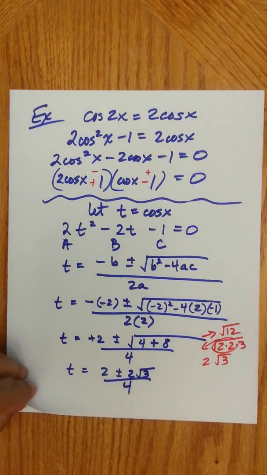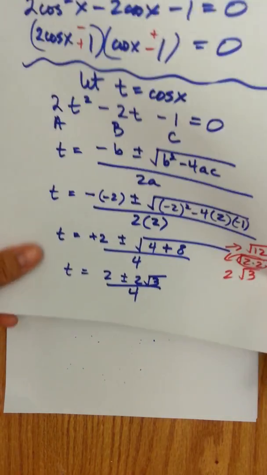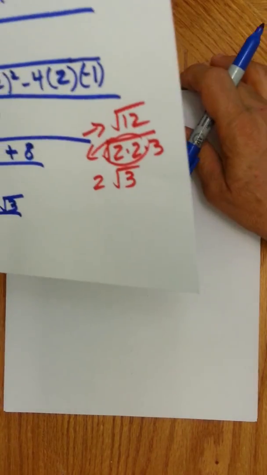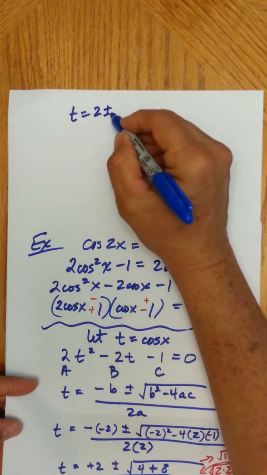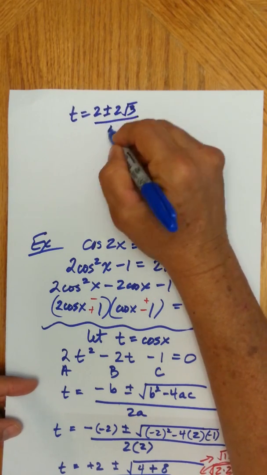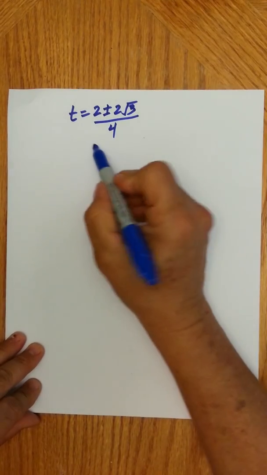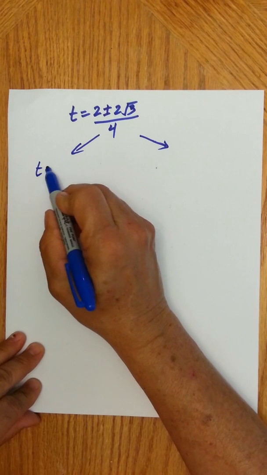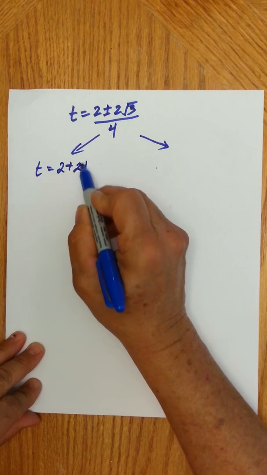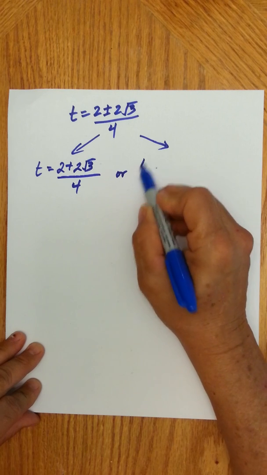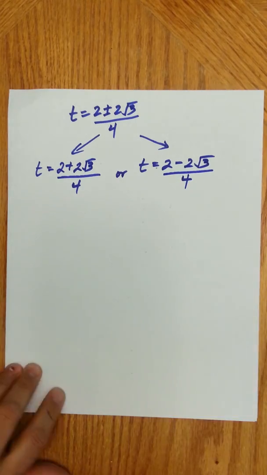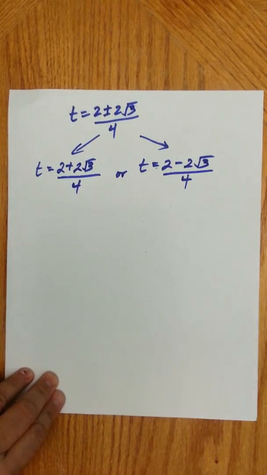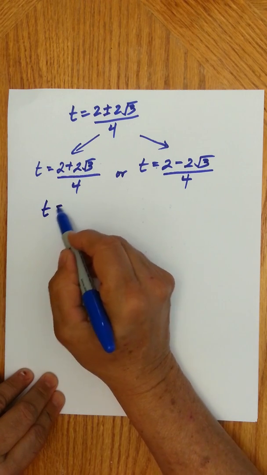So t equals 2 plus or minus 2 square root of 3 all over 4, and now I can work on these separately. t equals 2 plus 2 square root of 3 over 4, or t equals 2 minus 2 square root of 3 over 4.